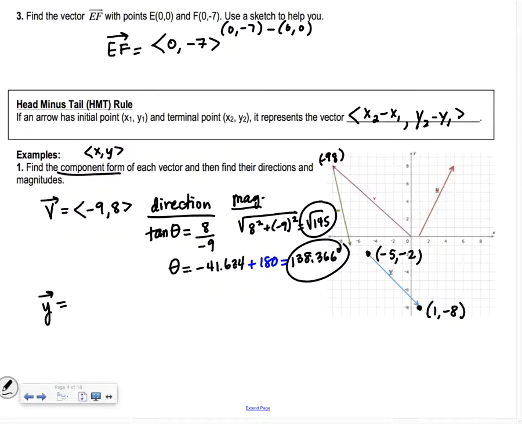I guess I should say head minus tail. I'm saying this wrong. Head minus tail. So the 1, comma -8 minus the end. So I'm going to get 1 minus a -5. And then I'm going to have -8 minus a -2.